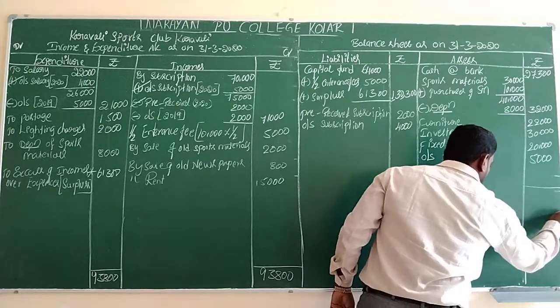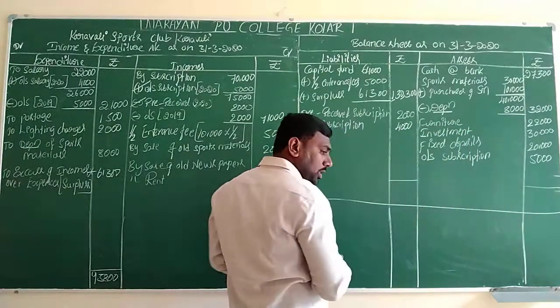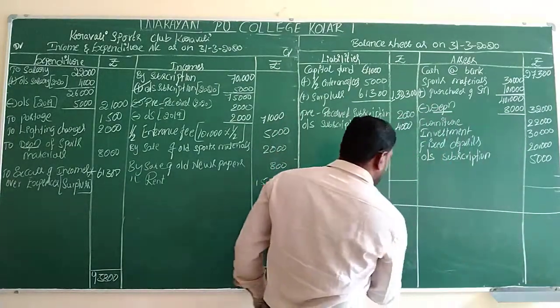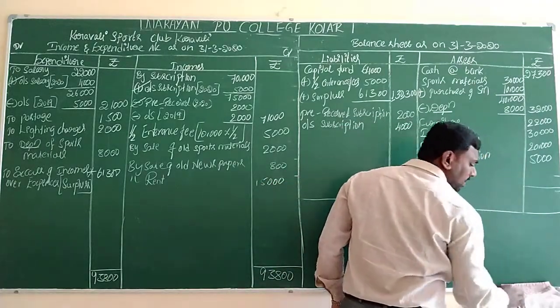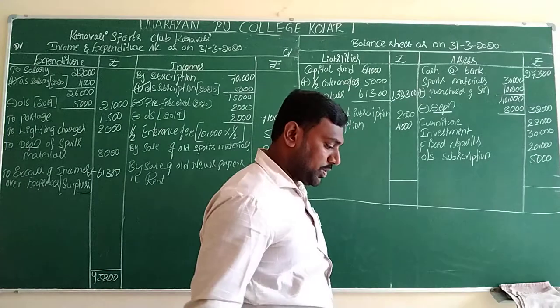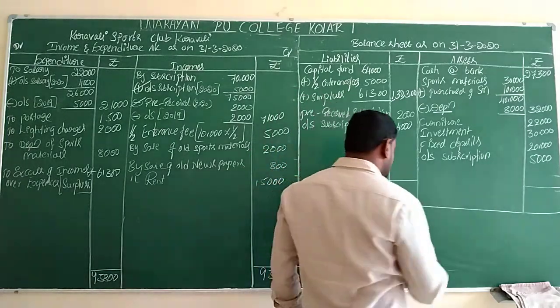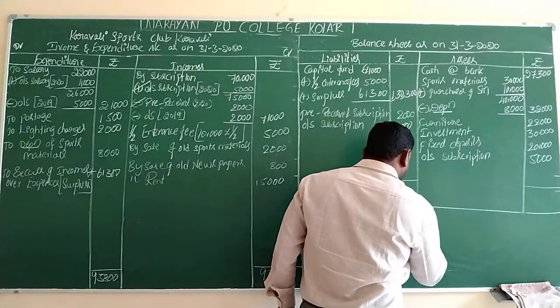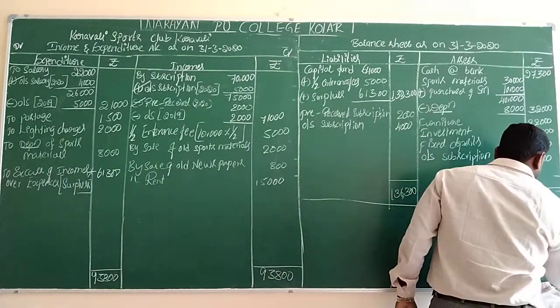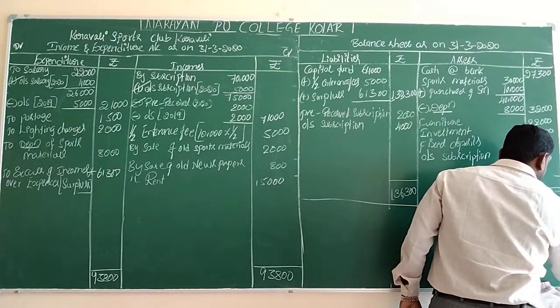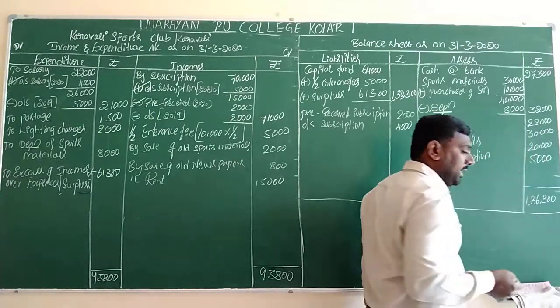Now it's time to know the total of the balance sheet. We will make a total of the balance sheet. We have to get equal balance in both the columns. So we will get 1,36,300.